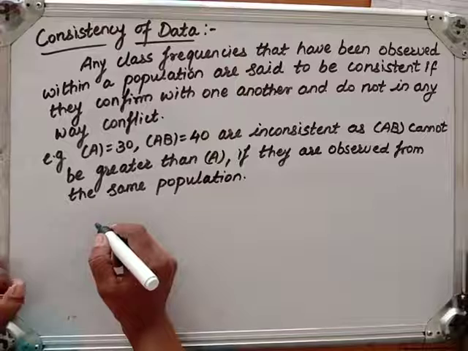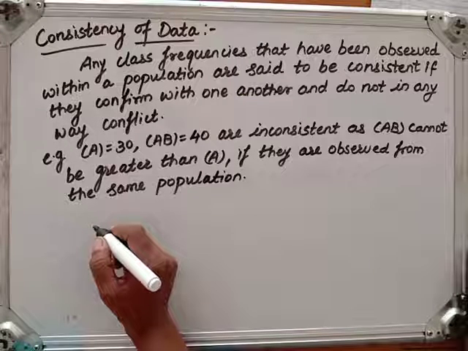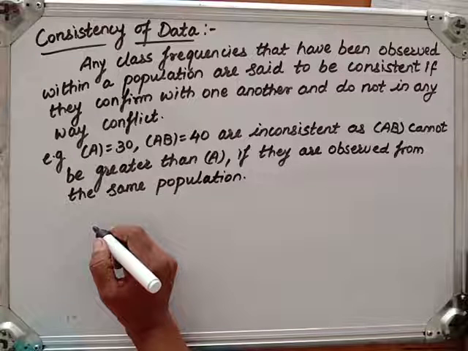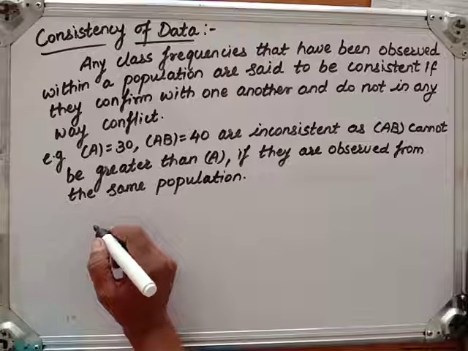Now, consistency of a set of class frequencies may be defined as the property that none of them is negative, otherwise they are said to be inconsistent.